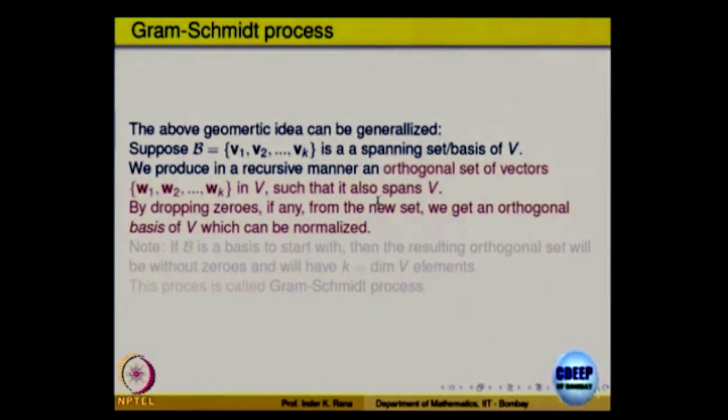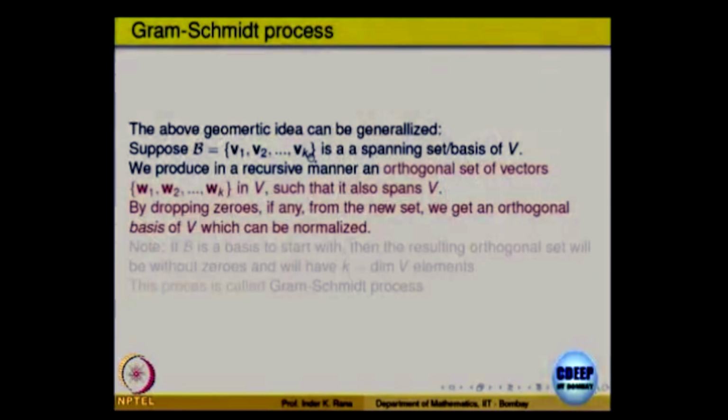From these V1, V2, ..., Vk, first we get the perpendicular ones. From a vector, subtract the projection, and you get a vector which is perpendicular to the earlier one. The two new ones that you have gotten are perpendicular to each other, but they may not be of magnitude 1.